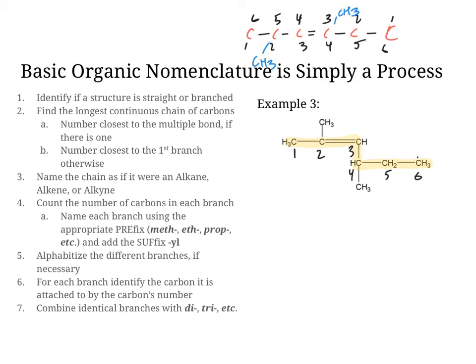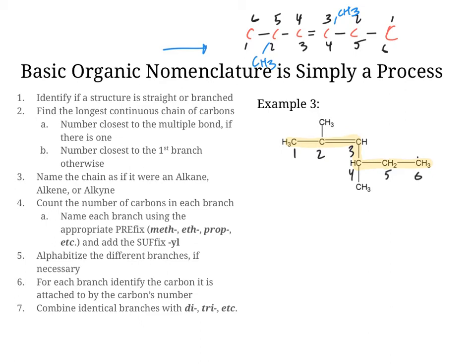We would end up numbering from left to right because the branch is closest to the front instead of the other way around. So that's the quote-unquote tiebreaker. So double bonds or multiple bonds, I like to say, trump branches, but if there's a tie with a multiple bond, then you use branches to figure out the best way. Sorry, that was a bit of an aside.